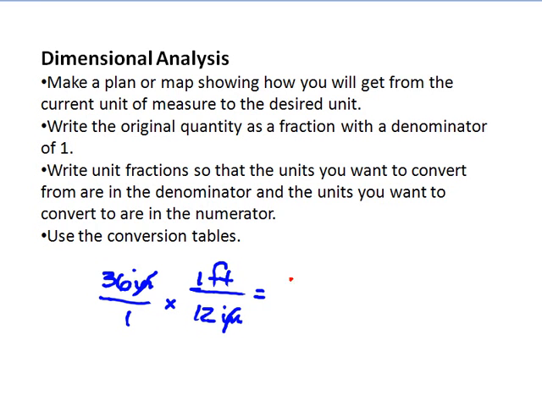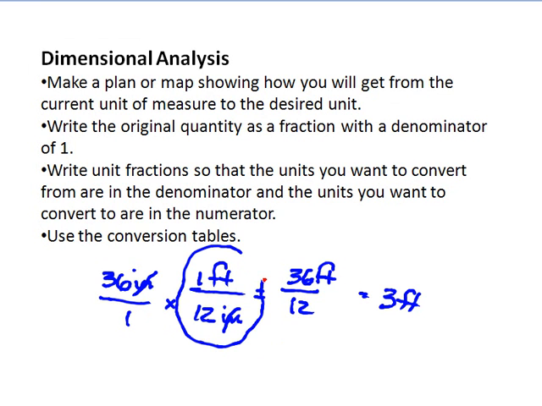So we end up with 36 over 12 feet. 36 divided by 12 equals 3. 3 feet.